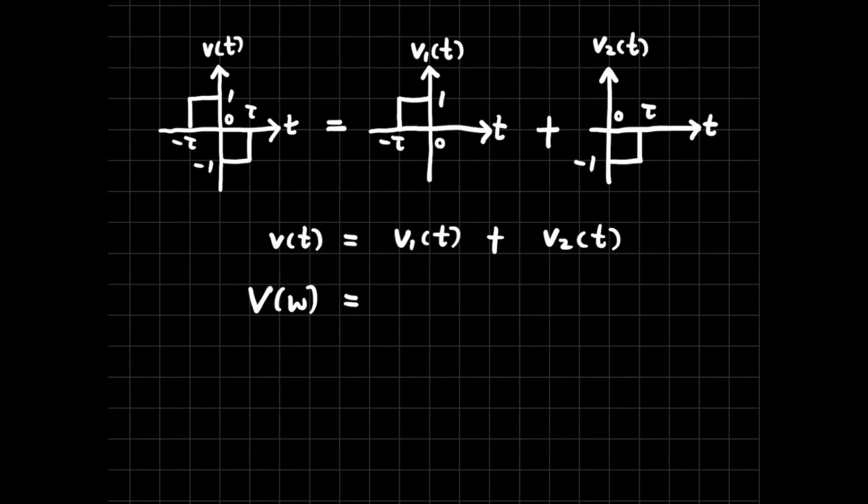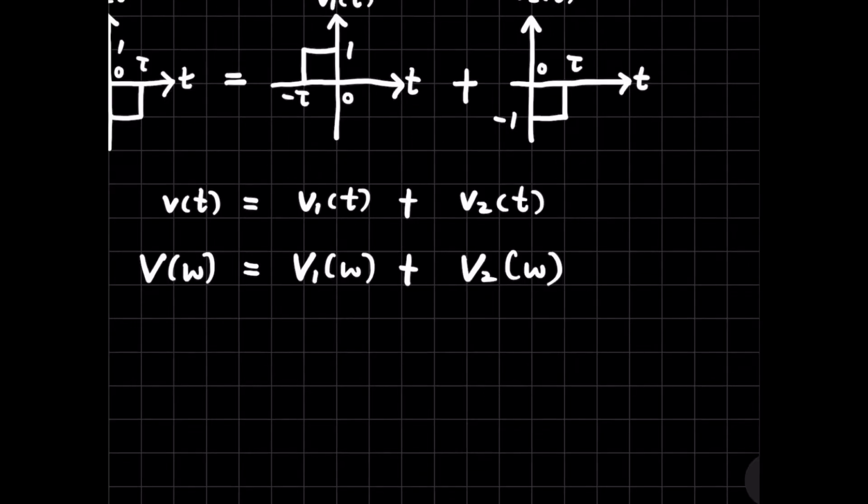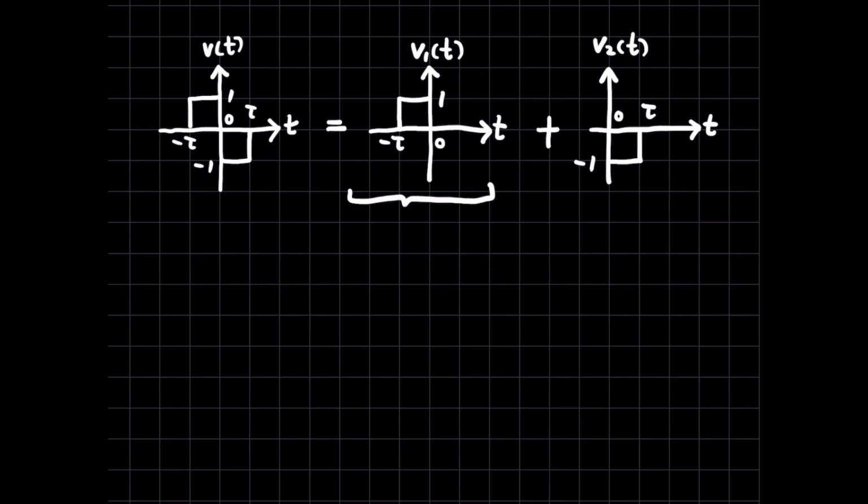Given v(t) equal to v1(t) plus v2(t), then V(omega) should be equal to V1(omega) plus V2(omega). This is valid according to the linearity property of Fourier transform.